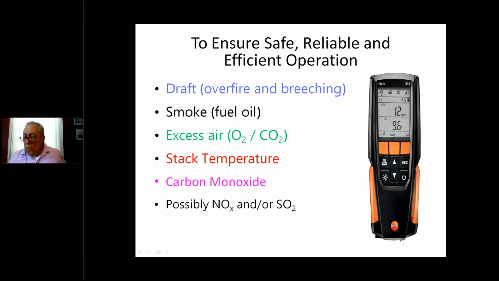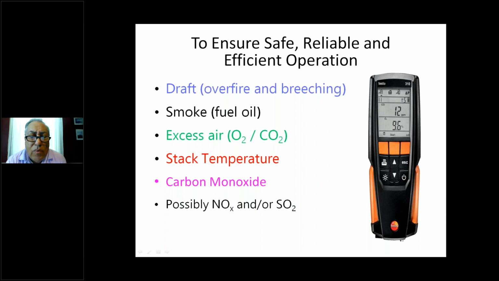Now, what was that other question about? Minimum stack temperature for oil. On oil, I would not go below 300. I would try to keep it above 300. 300, 325 in that kind of range, even up to 350.